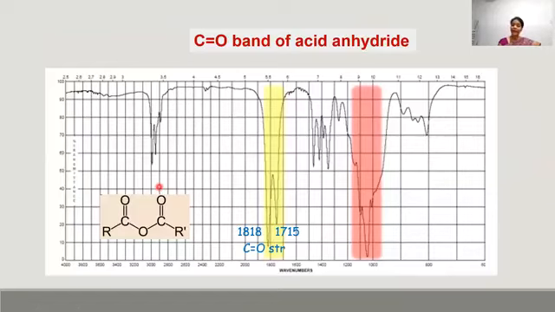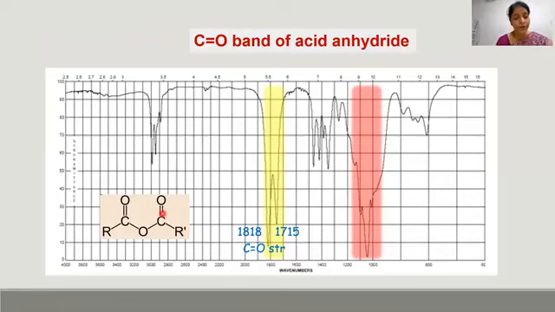After amide, anhydrides. In anhydride, there are two carbonyl groups. Both carbonyl bonds vibrate with the same frequency and are only separated by a single oxygen, so these two vibrations may couple with each other. This coupling is known as vibrational coupling.